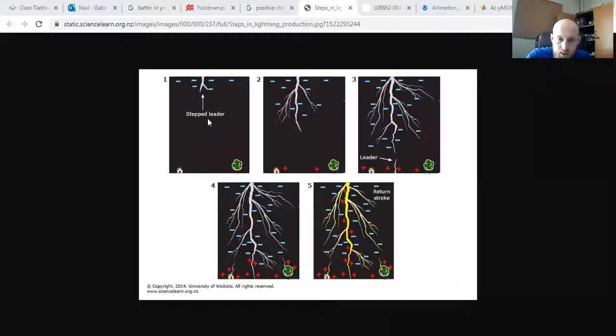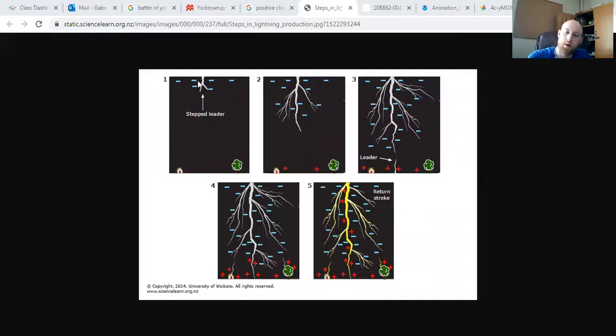It's a stream of negatively charged electrons that come out from the cloud and go to the ground, and a little bit of positive charge comes up from the ground to meet that. Now we're going to talk about specific names for these streams of electrons.